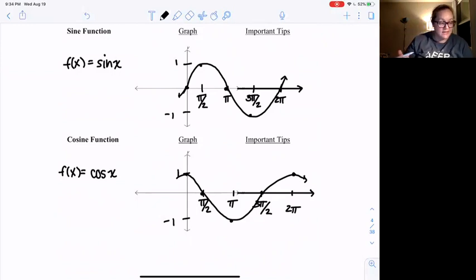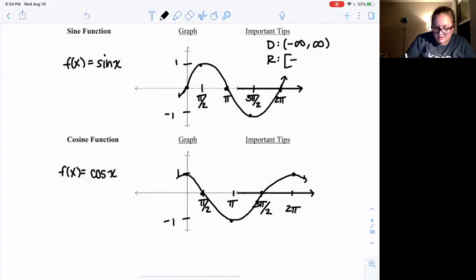So the domain is going to be from negative infinity to positive infinity. As you can see, it can go on forever in both x directions. Well, what about the range? This is really only ever going to ping and pong between -1 and 1. So our range here, I'm actually going to use my hard brackets, -1 to +1.